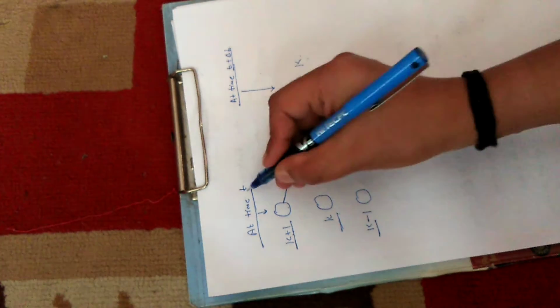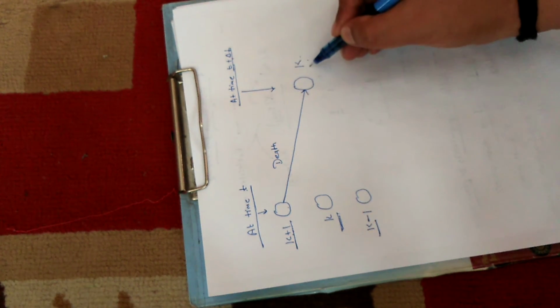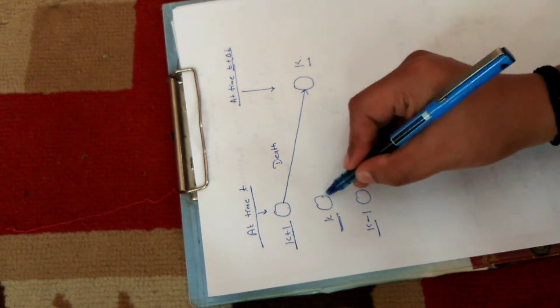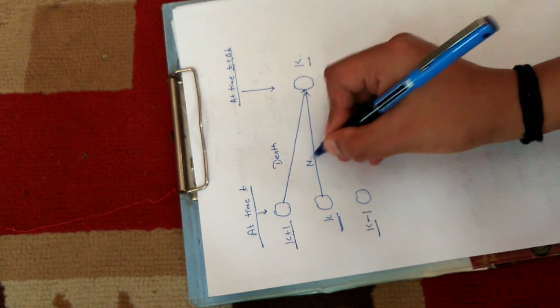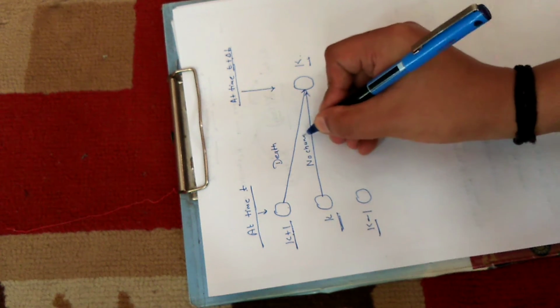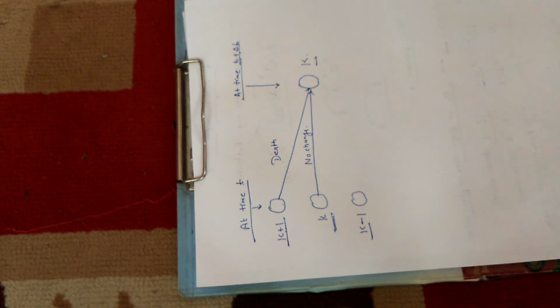If at time t the state is k and after time del t the state is again k, it means there is no change, so no death or birth occurs.